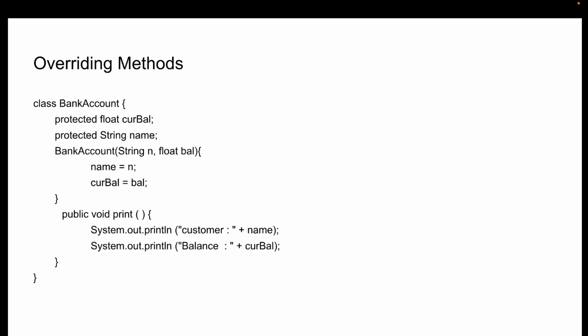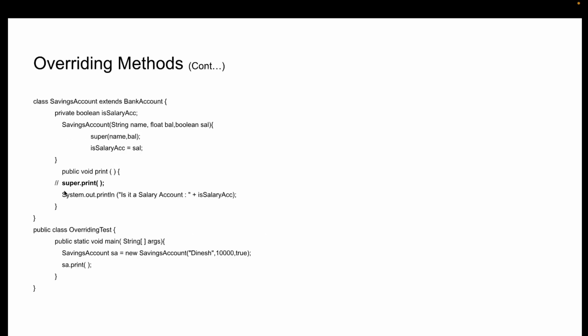So see, overriding methods. This class has some protected instance variables like current balance and name, and then you have a constructor which takes two parameters for assigning name and current balance, and then you have a print method, where we are printing out the name and current balance, and we are overriding this method here.